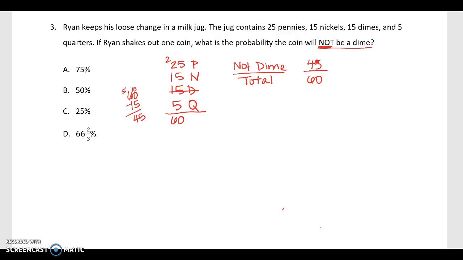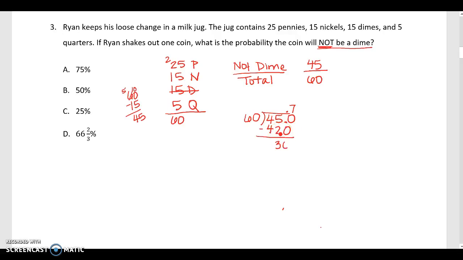Yes. So let's see, 45 over 60, but wait. We want it in percent form. So to get to percent form, you need decimal form. To get there, you do top in, bottom out. 60 goes into 45 0 times, so 450. 6 times 7 is 42, so 420.